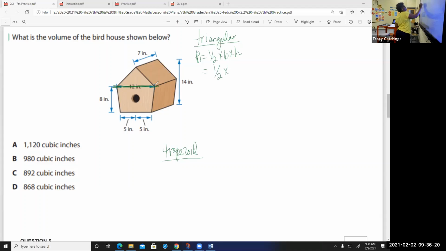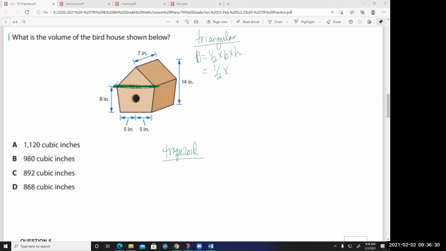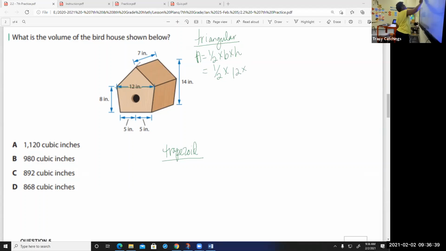So looking at the triangle, what would you say the base is? 5. Look again, go up to the triangle. 12. Yes. All right. What would you say is the height of that triangle?